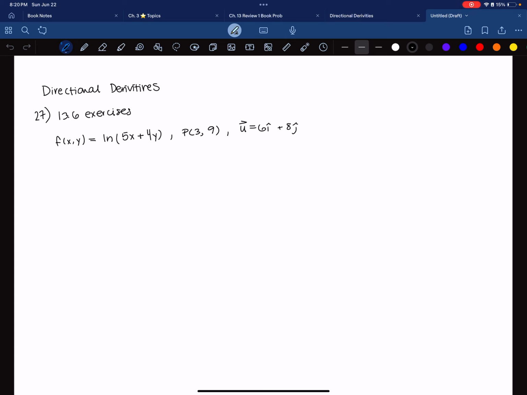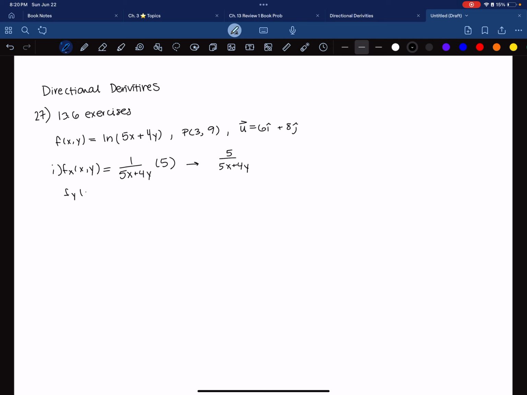So with that in mind, I want to go over this example. The first step is we have to compute the gradient of f of x, y. Let's do the partial with respect to x, which would be 1 over 5x plus 4y times 5, which would give us 5 over 5x plus 4y.